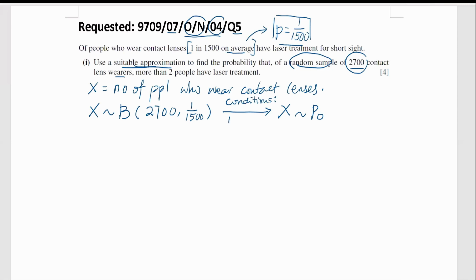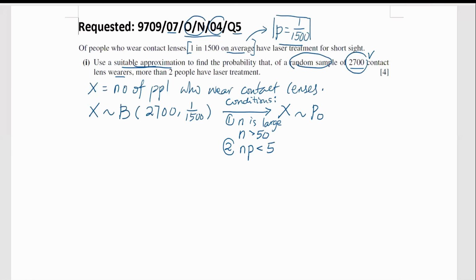First, n has to be large. As long as n is greater than 50, it is considered large, so 2007 is obviously large. Second, np less than 5.